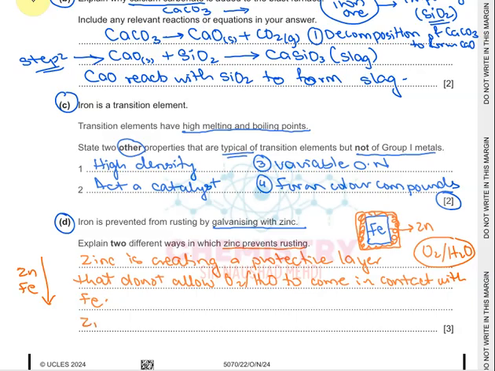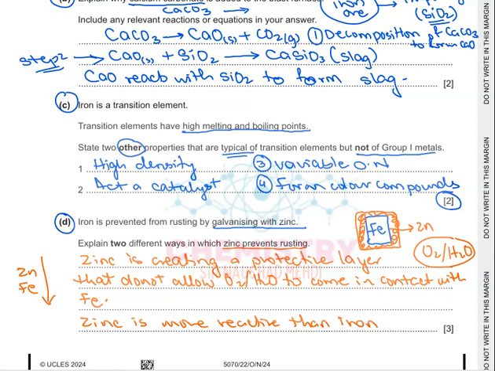So since zinc is more reactive than iron, then what will happen? The zinc will corrode easily and iron will not, right? Because zinc is more reactive.